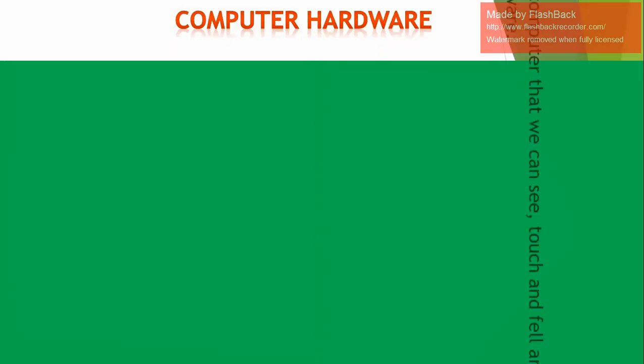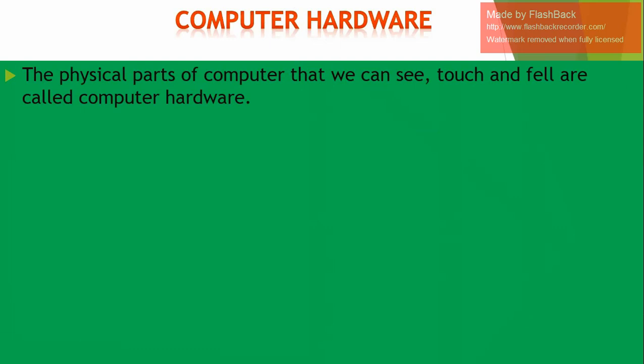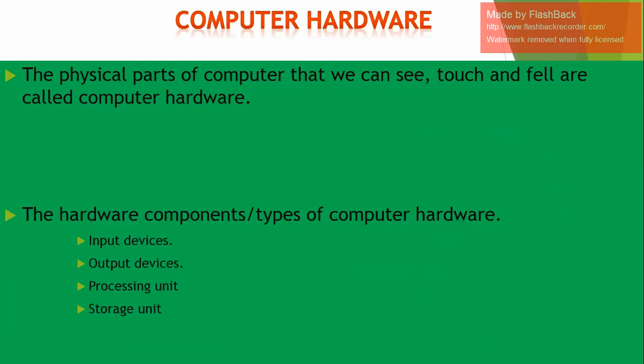So as you all know, computer hardware are the physical parts of the computer, the parts which we can see, touch and feel. Computer hardware has different types. Whatever parts are present on the computer system, these are the computer hardware, the external parts, not the internal part.